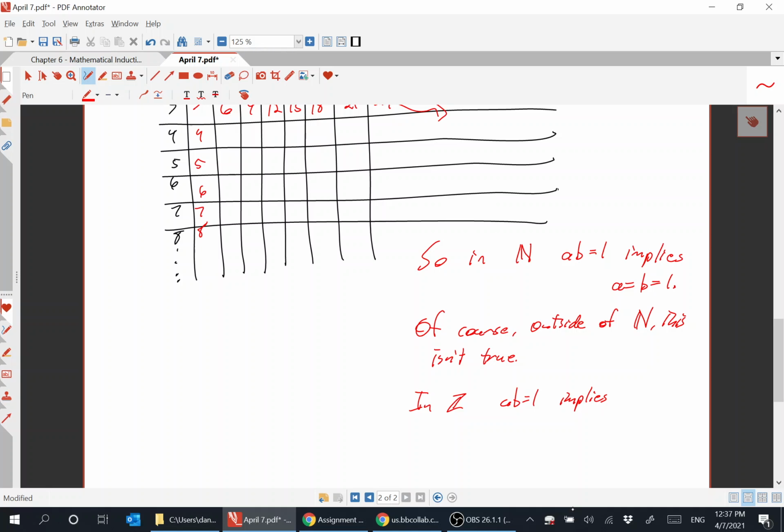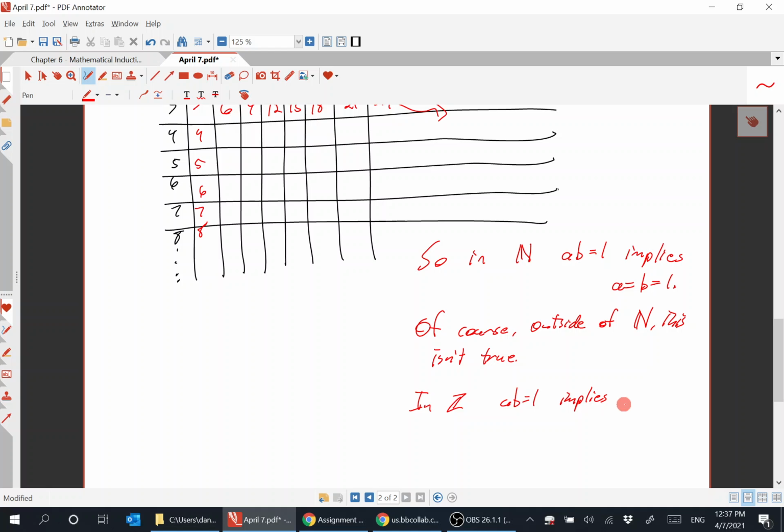For the integers, a and b both equal 1, or a and b both equal -1.